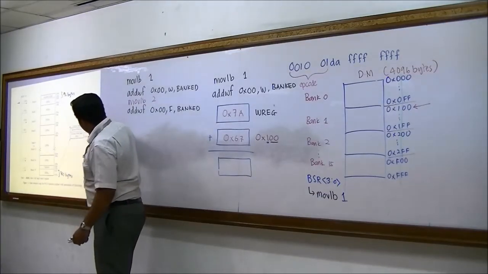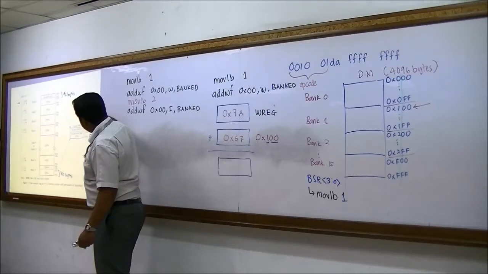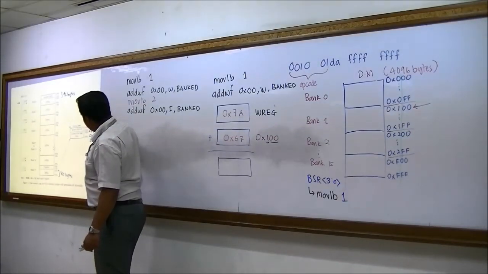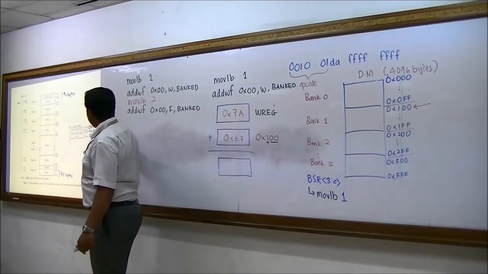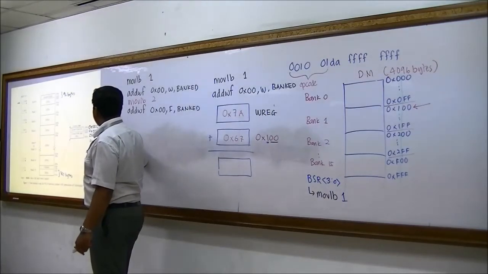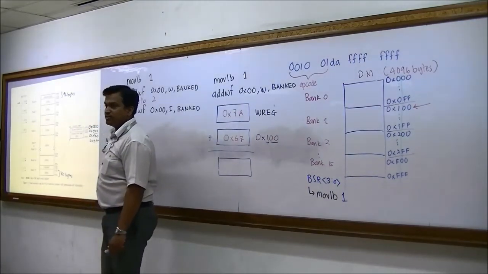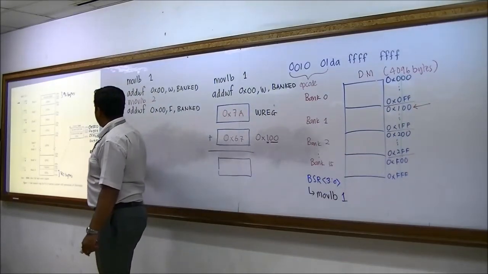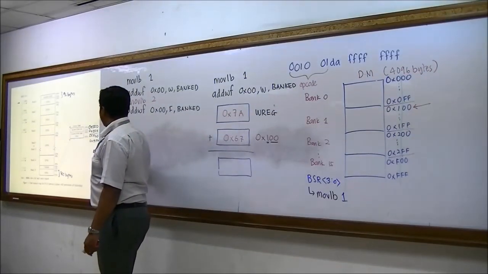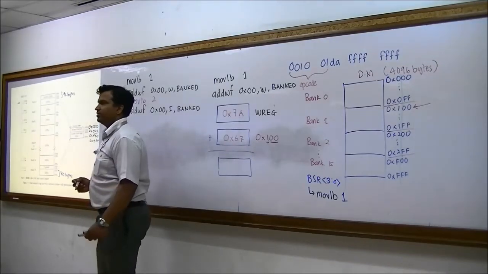So if you just slash off this front part, just look at this. 00 until FF, which is 256 bytes. In order for you to access 256 bytes, how many bits do you need? Only 8 bits is enough.